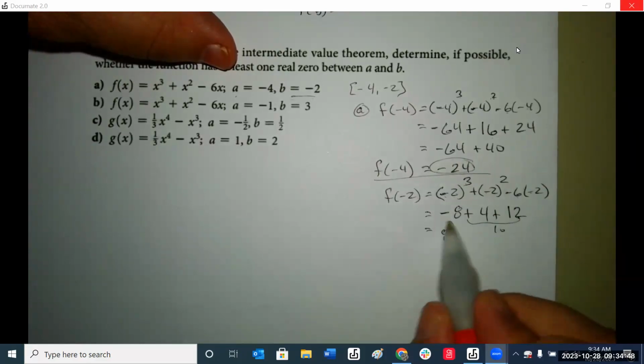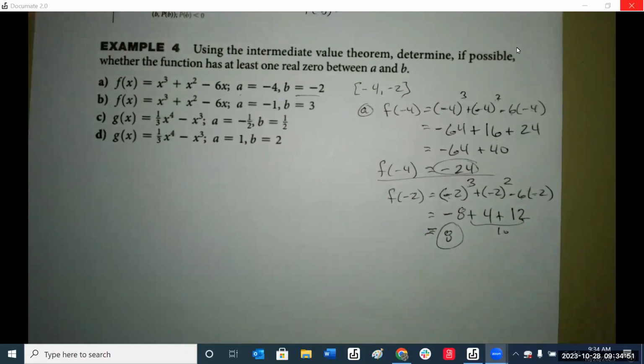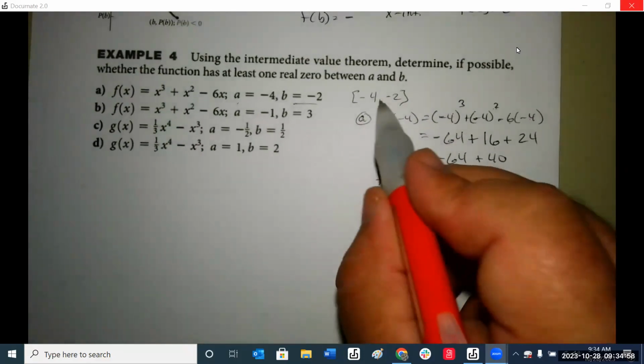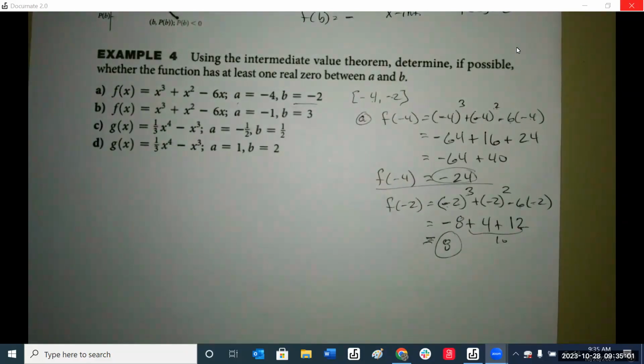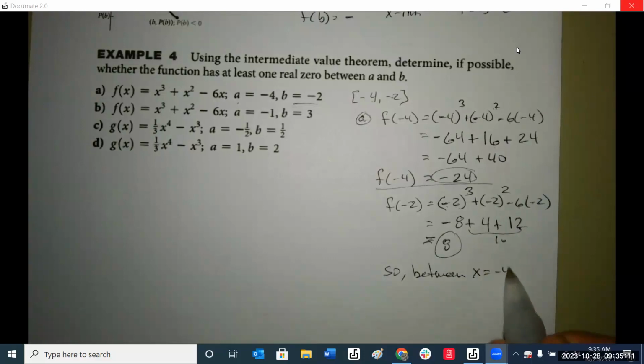So they have opposite signs. So it's going to have at least 1 zero between -4 and -2. There'll be at least 1 zero. So between x equals -4 and x equals -2, there will be at least 1 x-intercept.